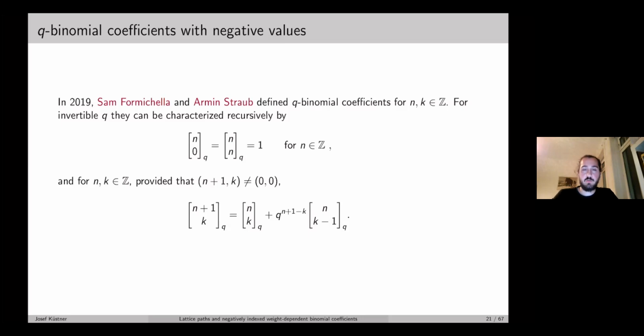And then we have the recurrence relation, same as before, for all other values. Only now we have here the weight q to the power n plus 1 minus k. That's how we get the q-binomial coefficients. So if you have never seen the definition from before, this is enough for the definition.